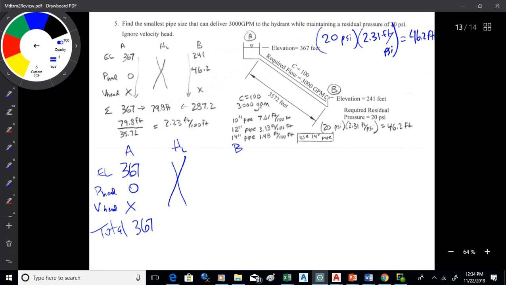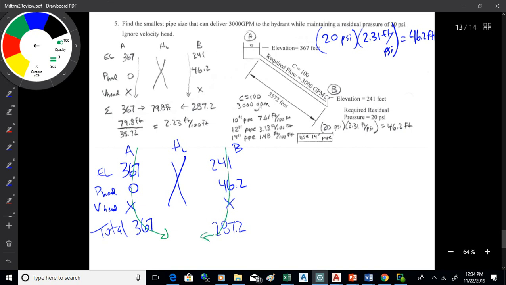Now at B, we're at an elevation of 241. We got a pressure head of 46.2, and we're going to ignore the velocity head. So when we add up what's going on at B, we get 287.2. Being as we're given a residual pressure at the hydrant, we can work this both ways and figure out what the head loss can be.